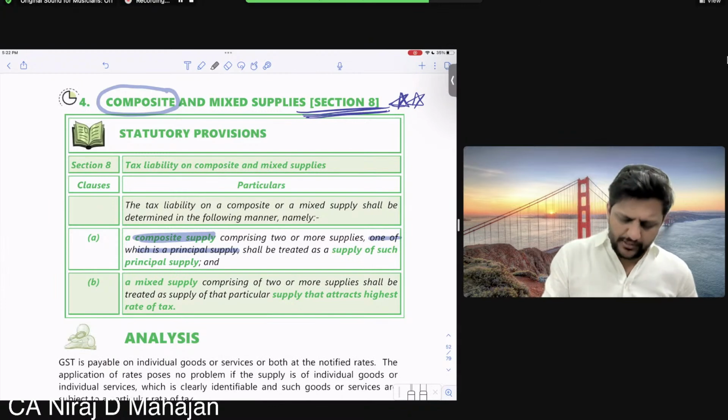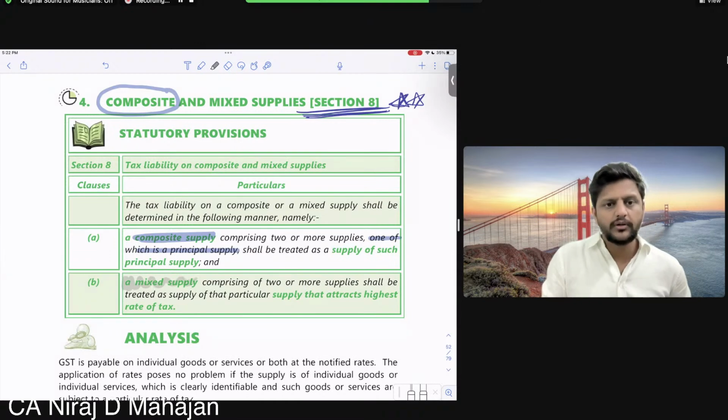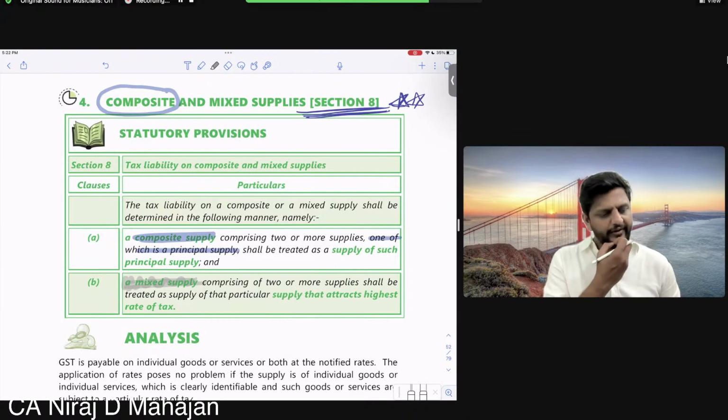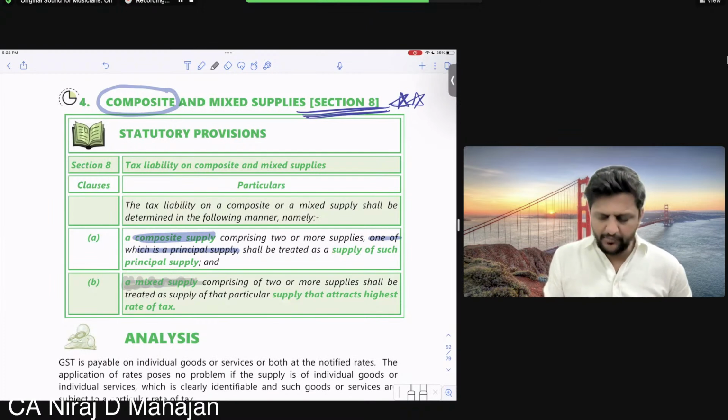However, if you are doing a mixed supply, again comprising of two or more supplies. What is a mixed supply? Brought together. I think I told you that example of dry food items, or that Cadbury celebration box. Then what rate will be applicable?